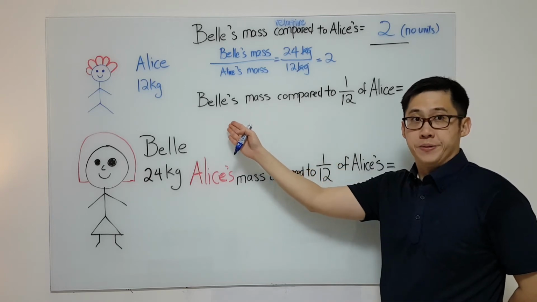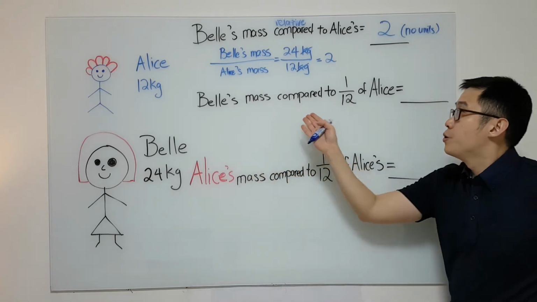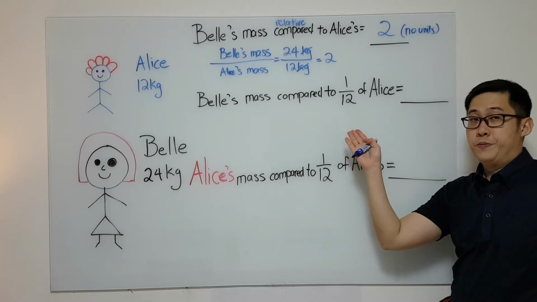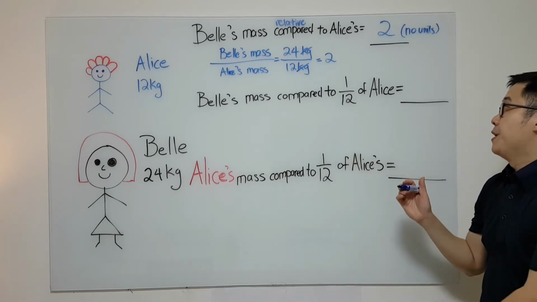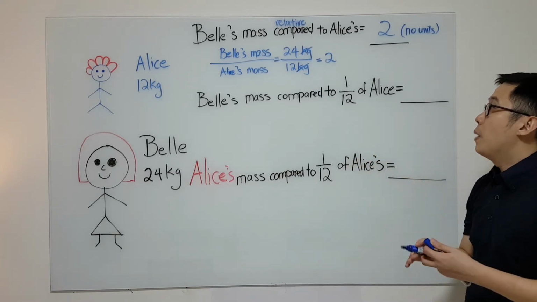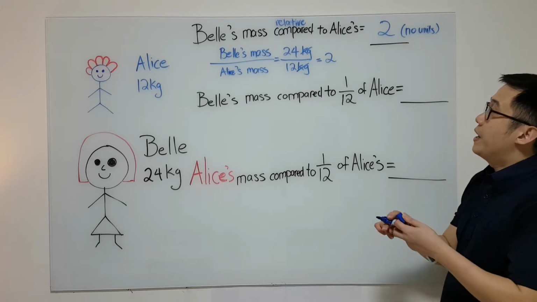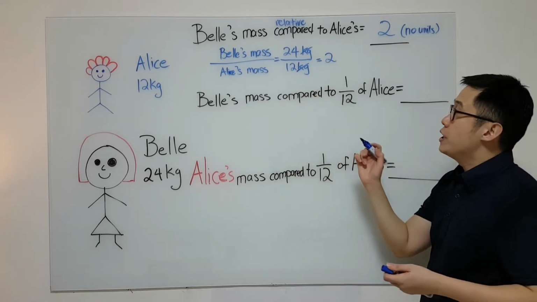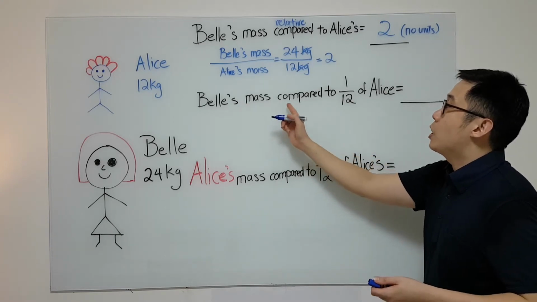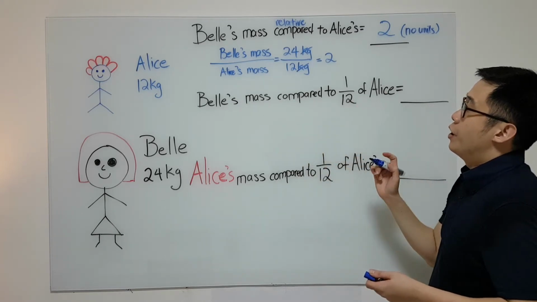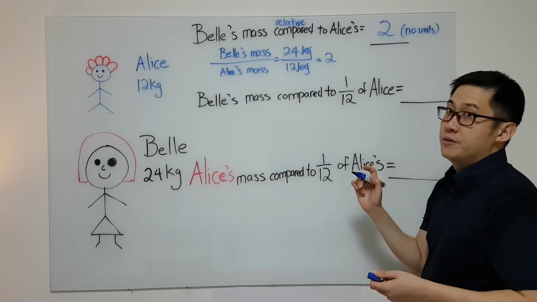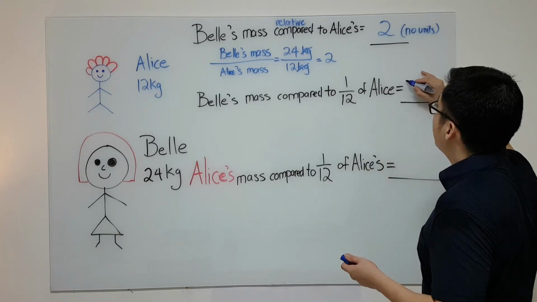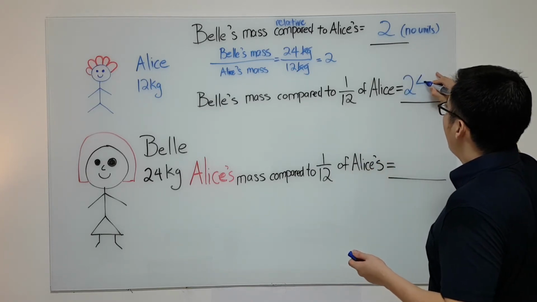Belle's mass compared to 1/12 of Alice's mass. Now, in this case here, what happened is that instead of taking Alice's mass as 12 kg, I want Belle's mass to be compared to 1/12 of Alice's mass. In this case here, my answer is 24.